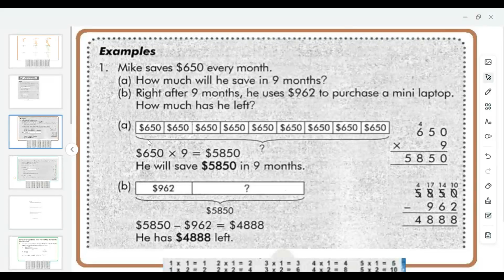Okay, so 9 units of 650. We straight away get it is 650 times 9. And we do our work here.